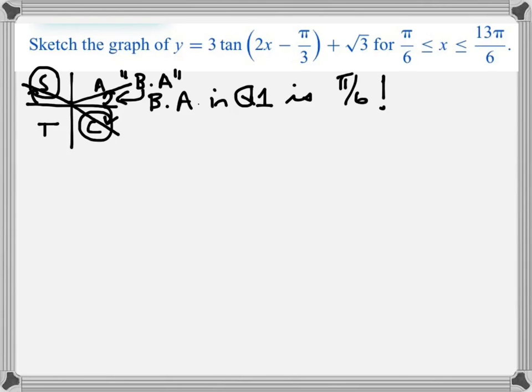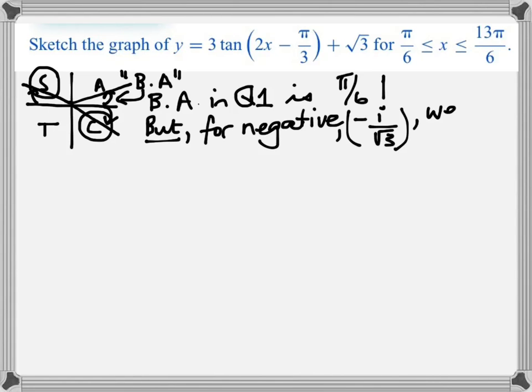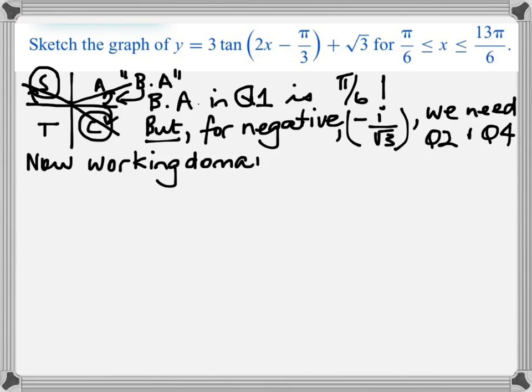That's the one we've got to work with to work out what all our equivalent angles are in quadrants 2 and 4, throughout our working domain. The working domain was 0 to 4 pi.